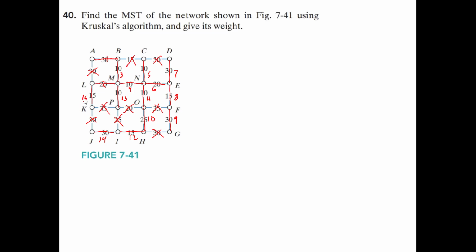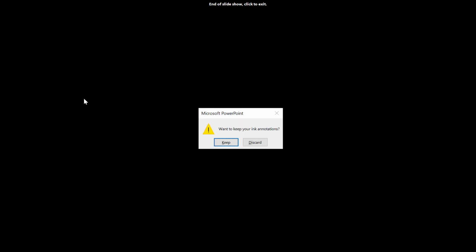Right, I have 15 edges. It's all connected. And so there we go. That's the minimal spanning tree. Add up all the weights of the edges and you get your weight. I'll let you do that.